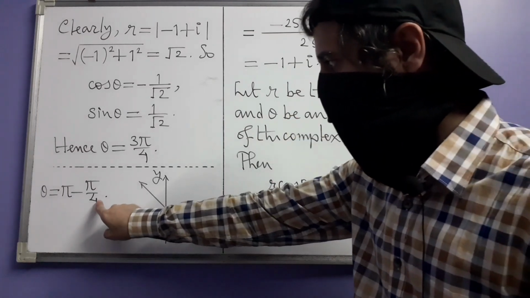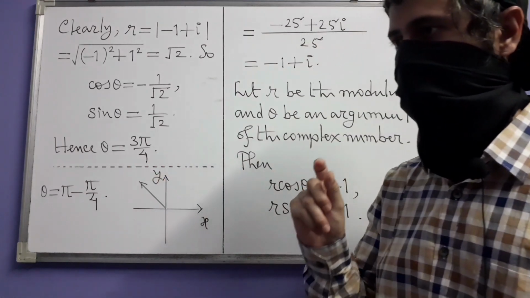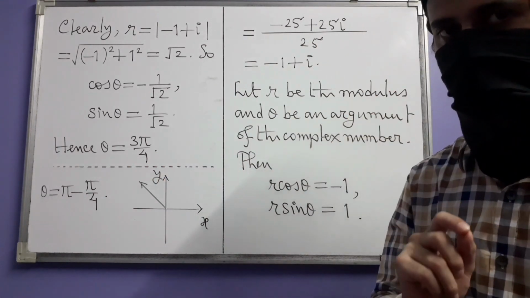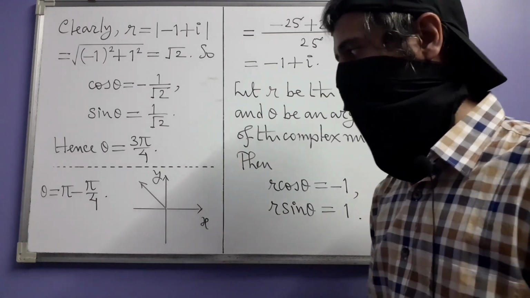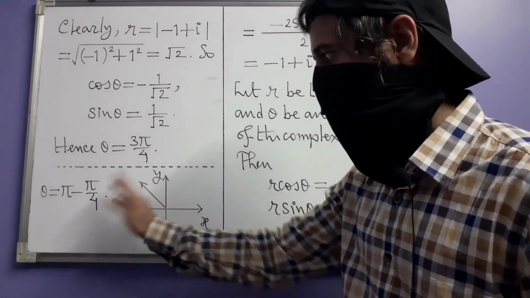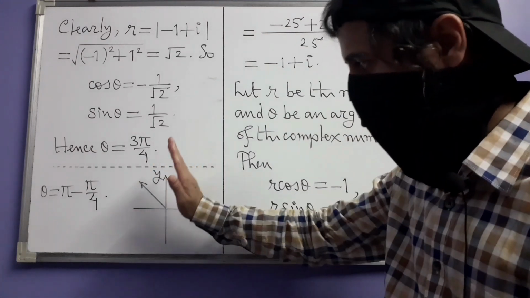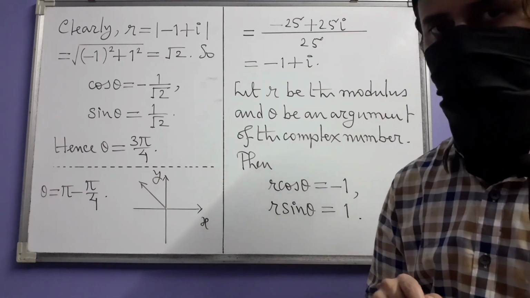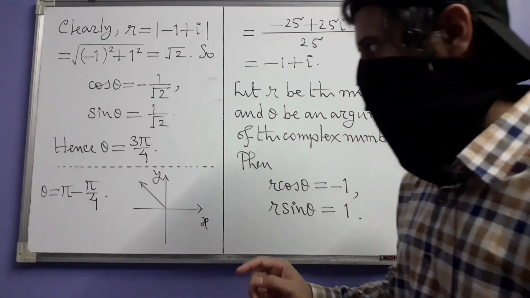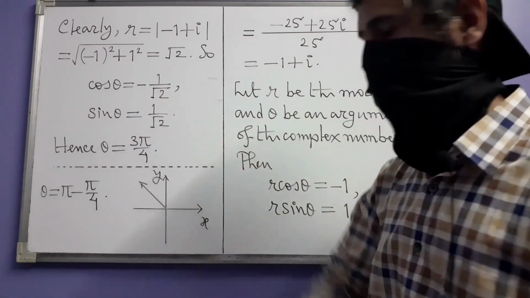So you make this guess that okay, the value pi over 4 will get me the numerical thing, that 1 over root 2. But I need my angle in the second quadrant, so why don't I subtract pi over 4 from pi? That way I will be in the second quadrant, but then of course you have to show that for this value of theta you really get these things.